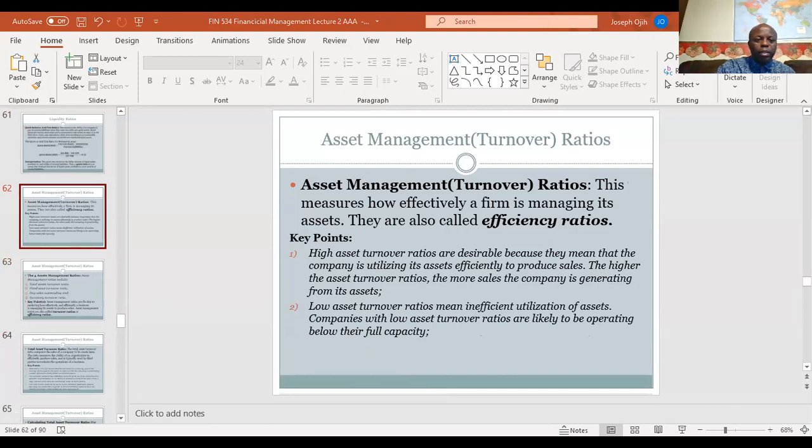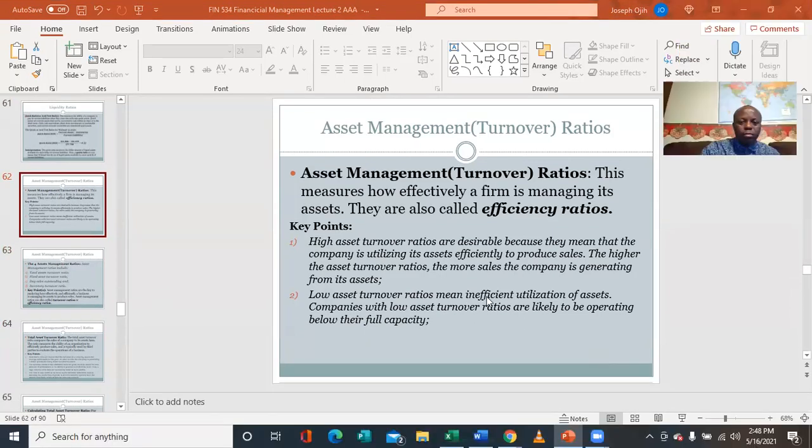We use these ratios to measure how effectively a company is managing its assets, I mean, how effectively they are using their assets to generate sales.